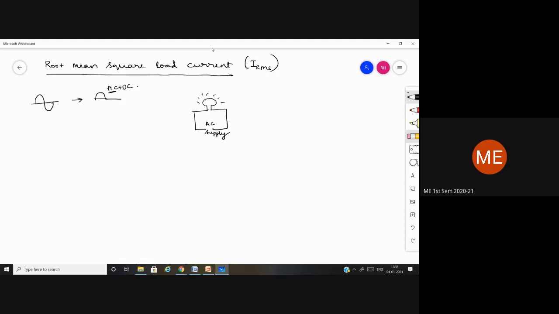Can you tell me why? I cannot tell exactly that this is the current it uses. It's a simple common sense question I'm asking. AC supply is there, but I cannot tell directly that this is the current it consumes.